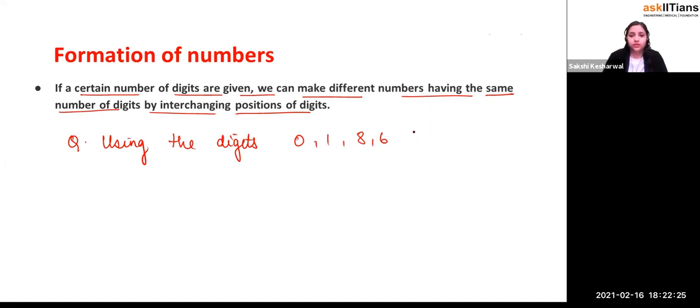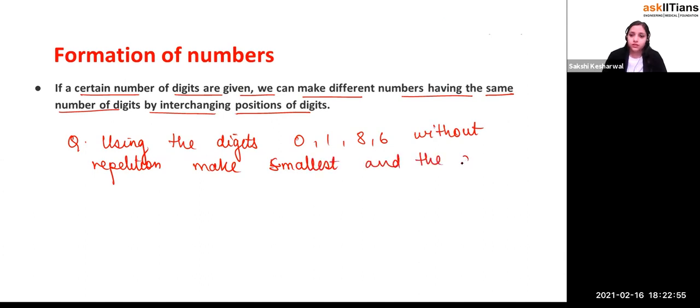You're just interchanging. Make it without repetition. Make the smallest and the largest four-digit numbers, the smallest and the greatest four-digit number.